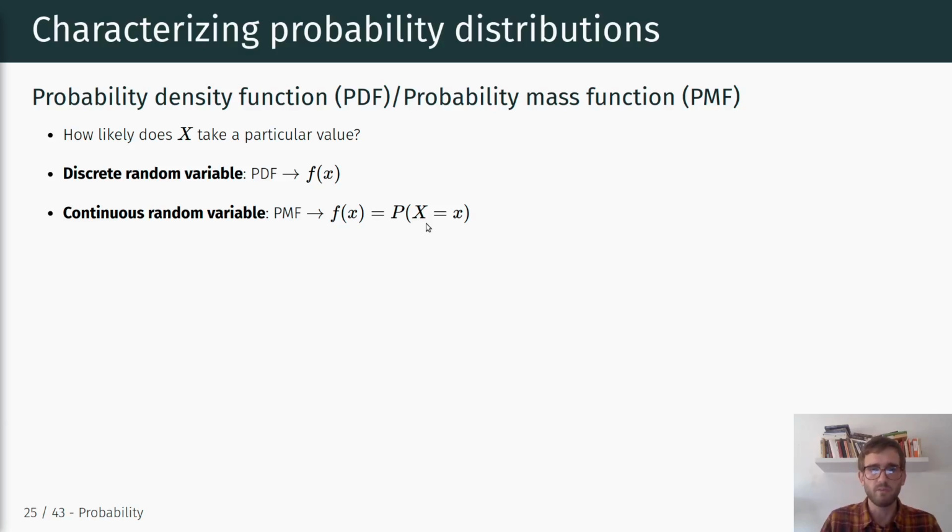With continuous random variables, and I'm really sorry that this is mixed up here, this should be discrete and this should be continuous. For continuous random variables, of course, we have an uncountably infinite number of events. For example, think about a distribution over waiting times when you're sitting at a bus stop. There's basically an infinite number of possible outcomes with regard to the exact time of when you arrive, down to the millisecond or whatever.